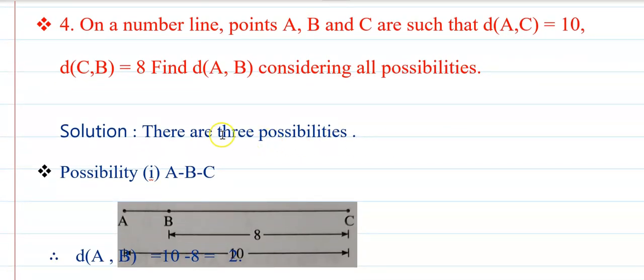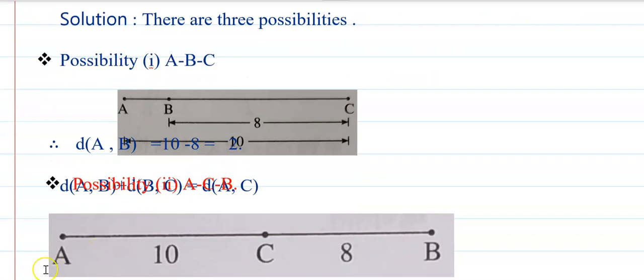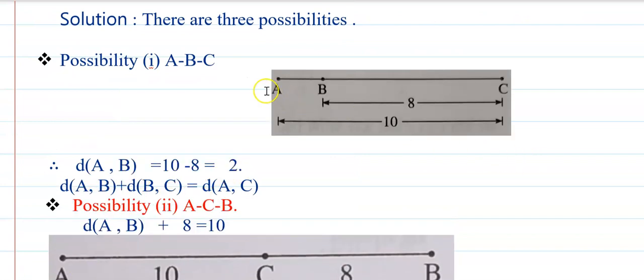Now there will be three possibilities. The first possibility is that B is in between A and C. Therefore the distance AB plus distance BC is equal to distance AC.